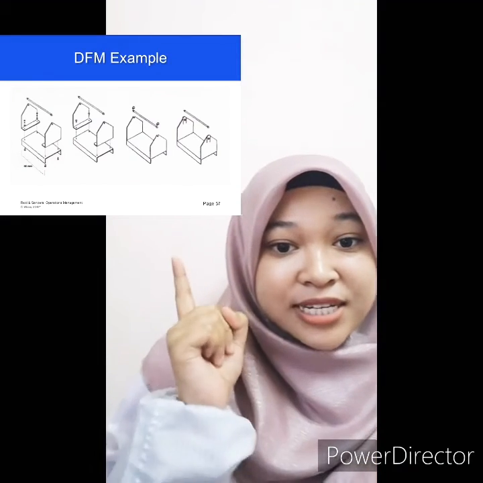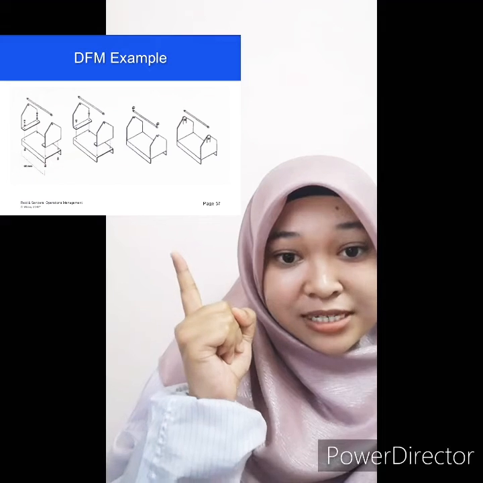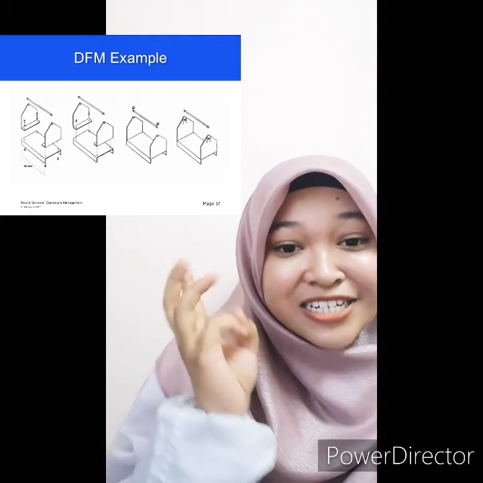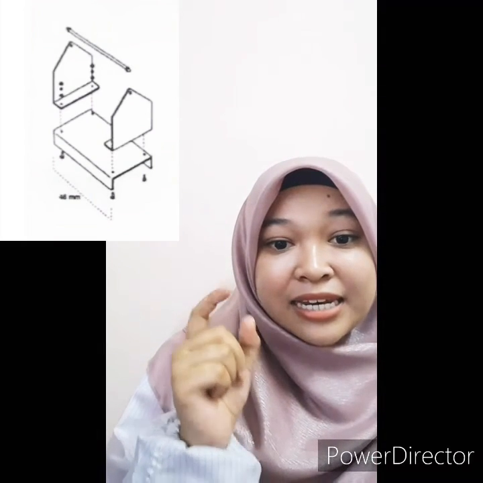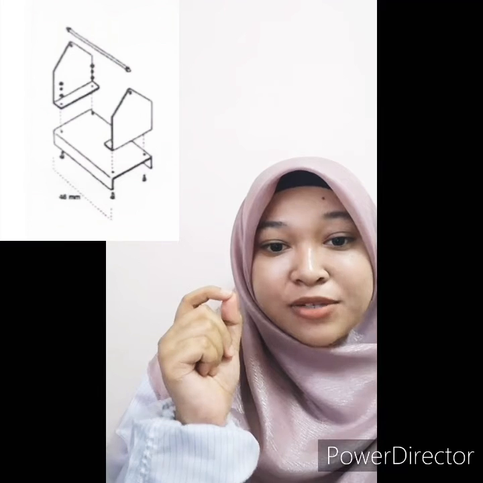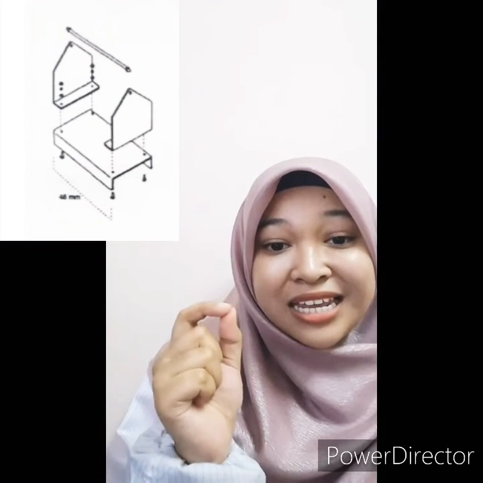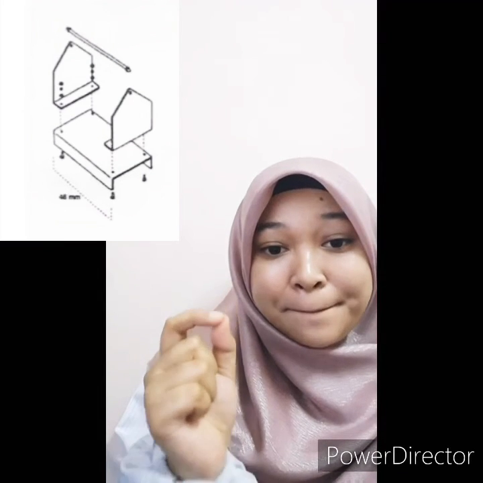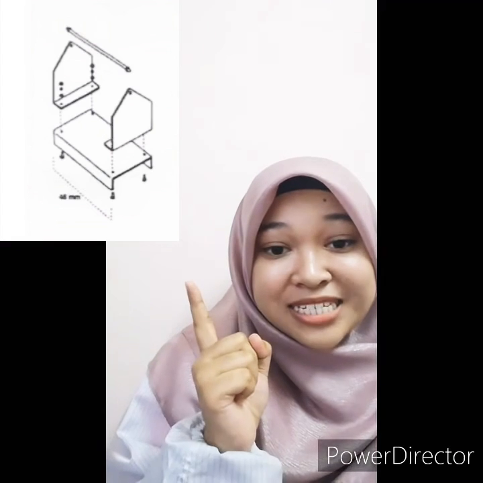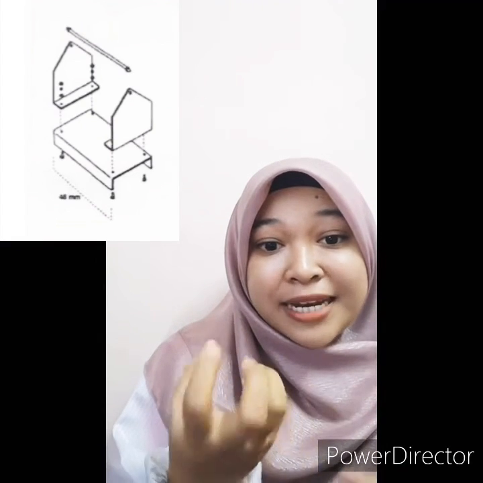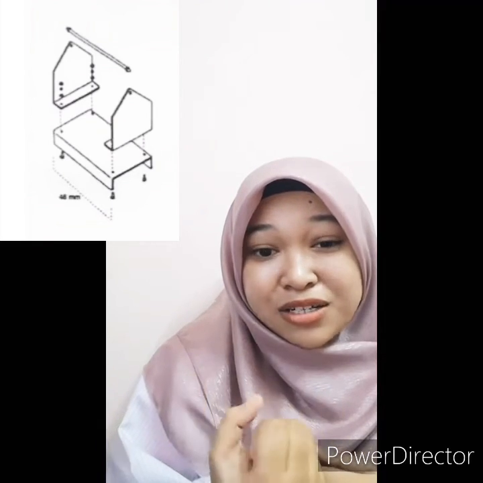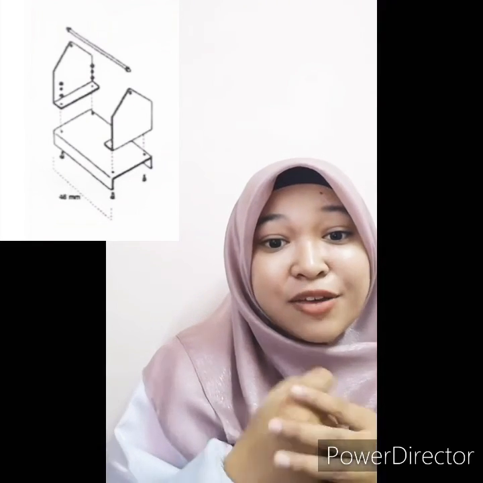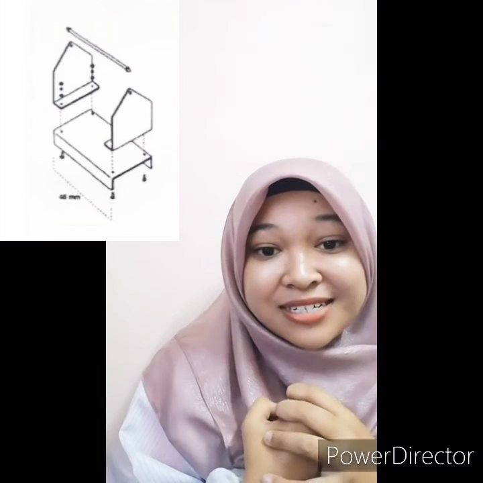As you can see in the picture, there are three improvements. The first picture shows the use of screws. There are many screws and parts used in this picture, which need more time to assemble and require a high cost for manufacturing because they use many parts and material.